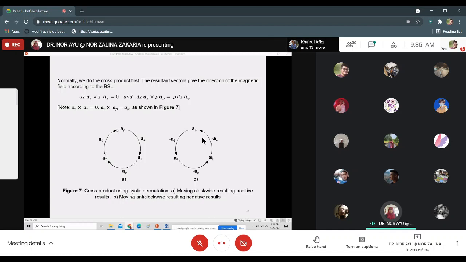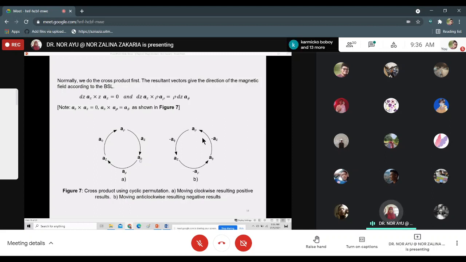Okay, now we're dealing with this what we call as cross product. Kamu first kena lukis something like this dulu lah: arrow, a phi and az. Then you go one by one. Arrow cross dengan a phi, kamu akan dapat az. Whatever yang opposite dia tu, itu adalah jawapan dia. A phi cross dengan az, kamu akan dapat arrow. Az cross dengan arrow, kamu akan dapat a phi.